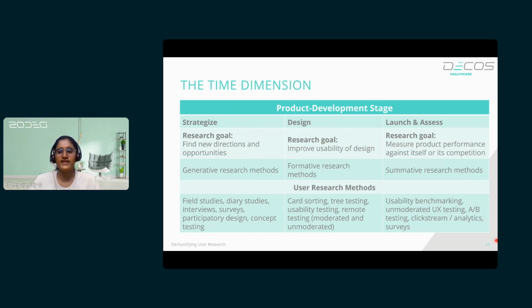During this phase, formative methods are used. These methods provide valuable feedback on design iterations, helping us enhance usability and effectiveness through card sorting, tree testing, usability testing, and remote testing, which can be moderated or unmoderated. The aim here is to iterate and improve the design further, based on real world insights and user feedback. So that is all about the design phase.